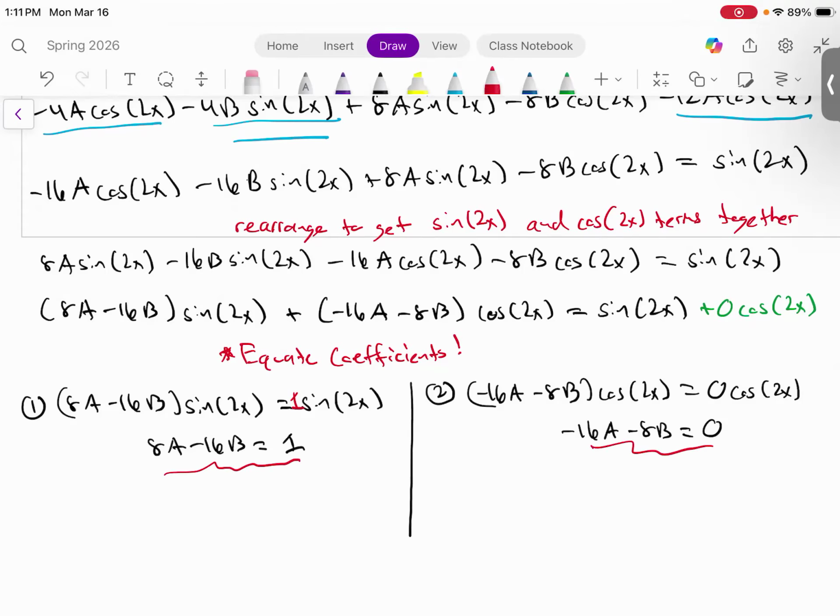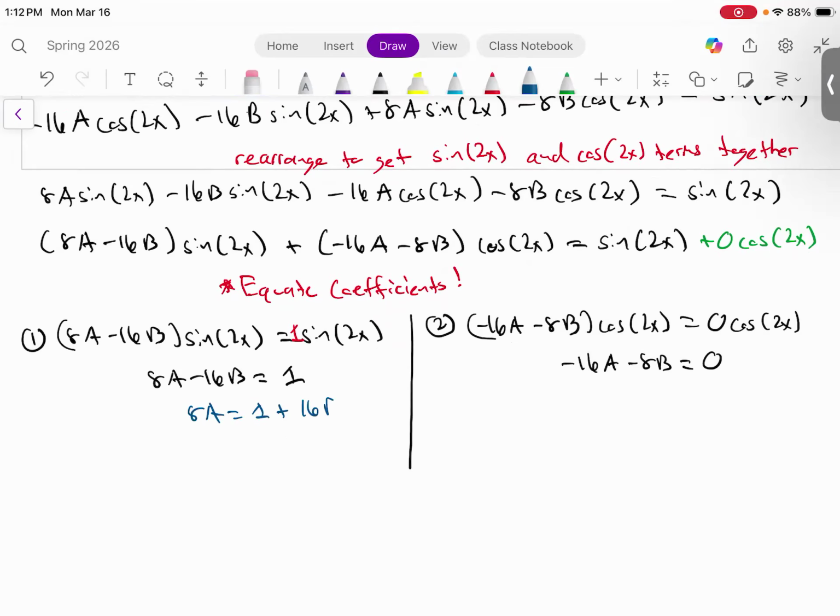So I'm going to solve for a in this equation 1. So I'm going to move the 16b over. So this is like 1 plus 16b, and then I'm going to divide by 8 on both sides. So what I end up with is 1/8 plus 2b.